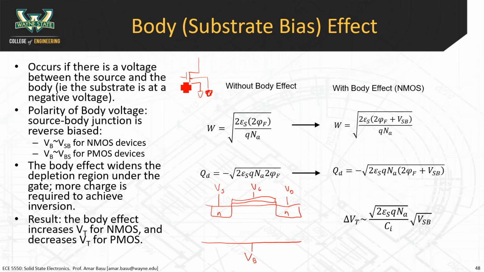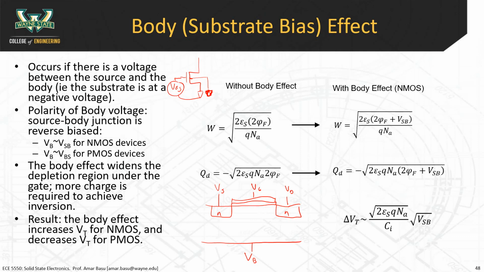So when you apply a VGS to the gate, you'll be applying a gate voltage to the body as well, right? The body is grounded, the source is grounded, so applying a VGS is like applying a VGB.